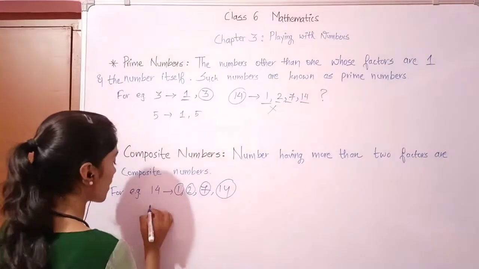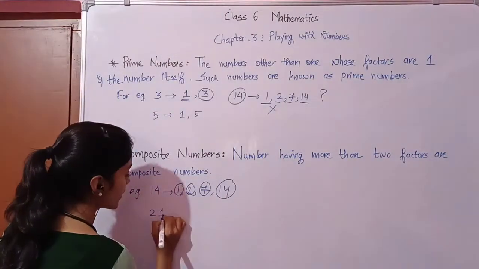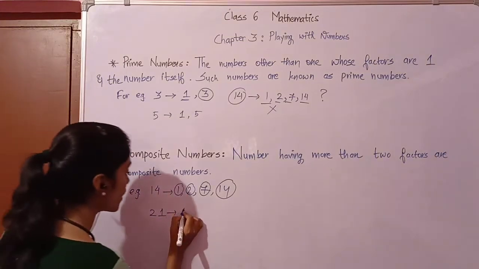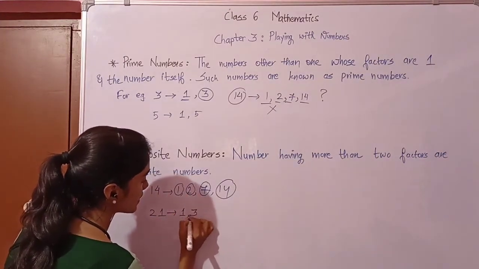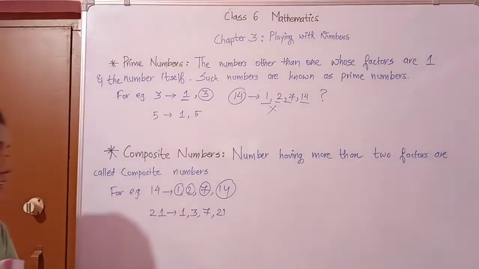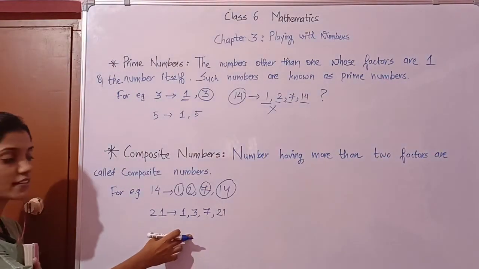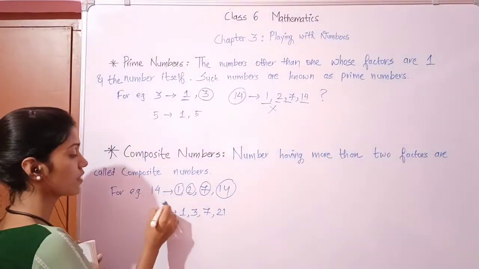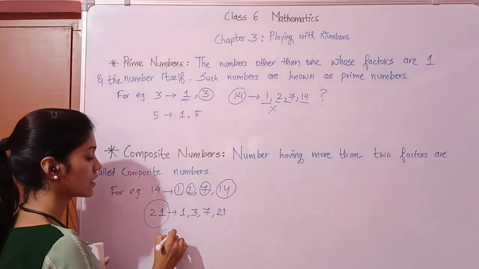Let's take another example. If I take 21, what are the factors of 21? 1, 3, 7 and 21 itself. So how many factors are there? 1, 2, 3 and 4. So we can say that 21 is a composite number.